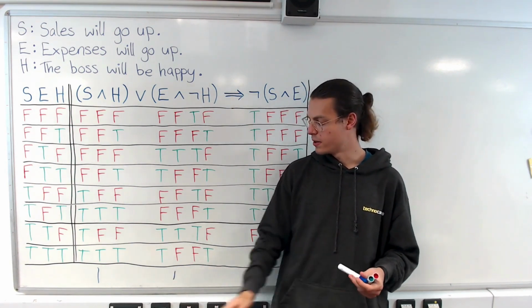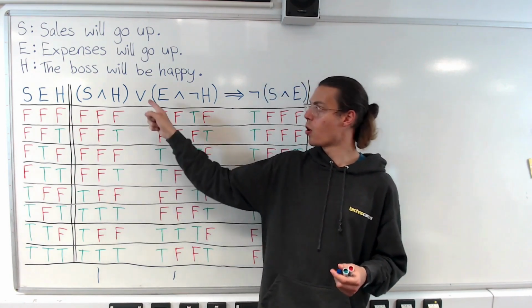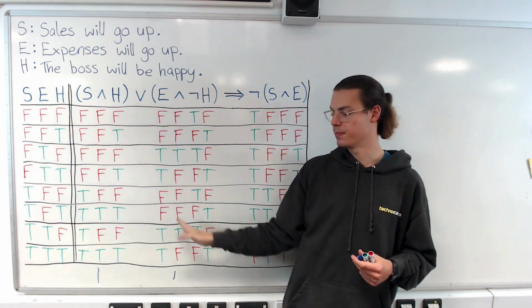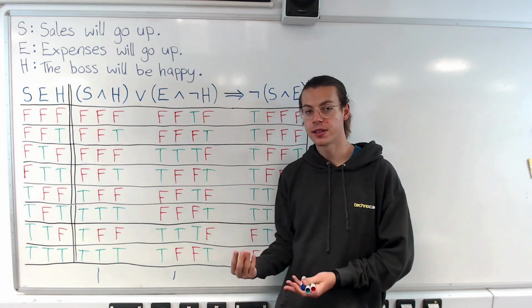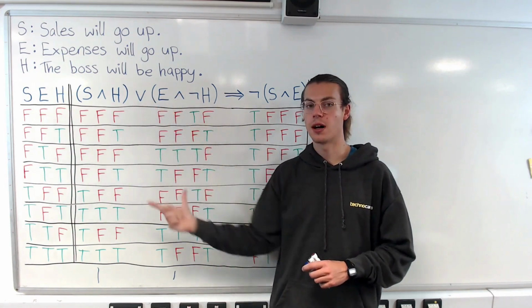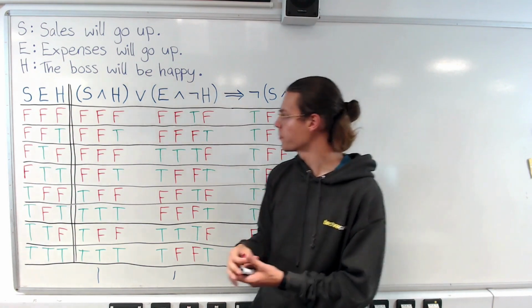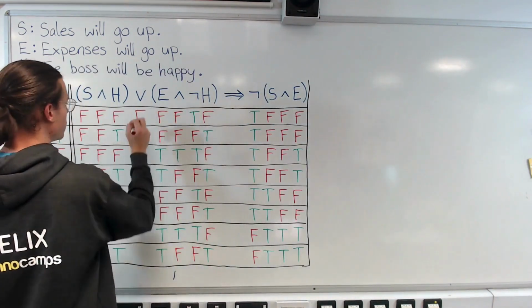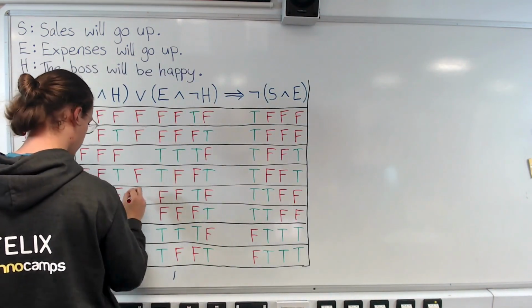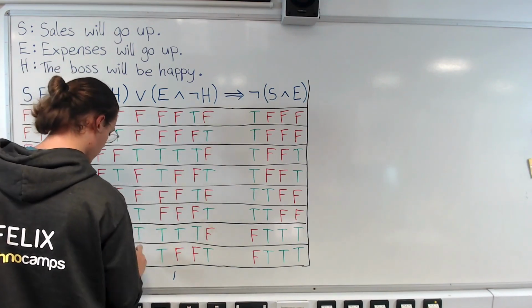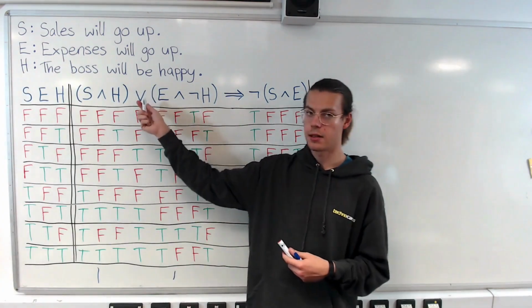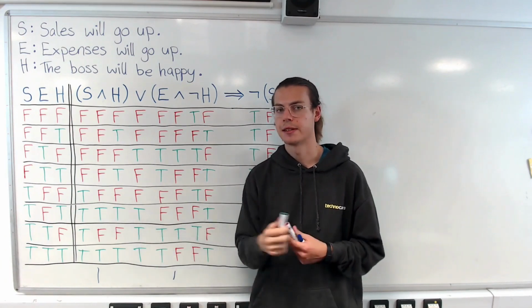So we want the values of this column or this column. And this is false if both columns are false, otherwise it's true. And there are the truth values of our premise.